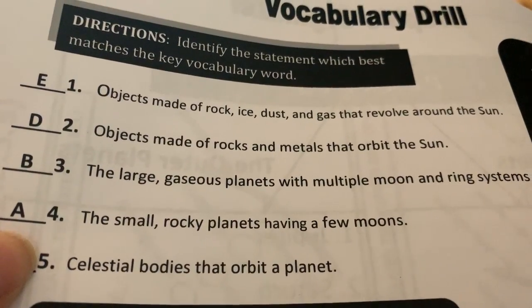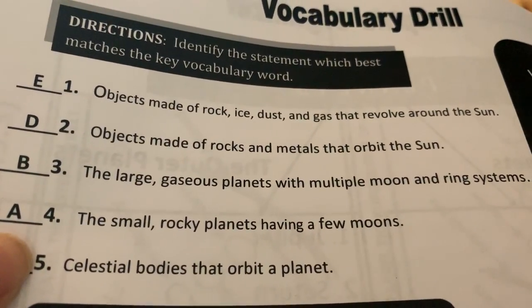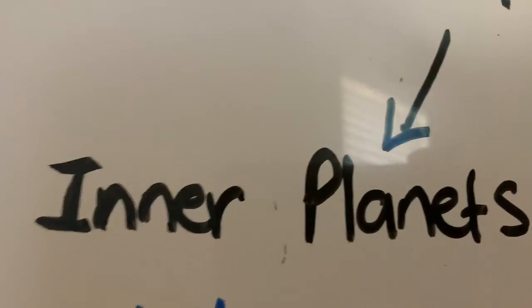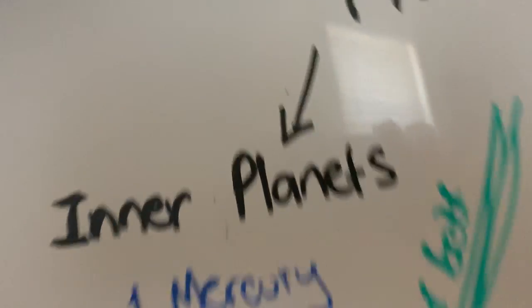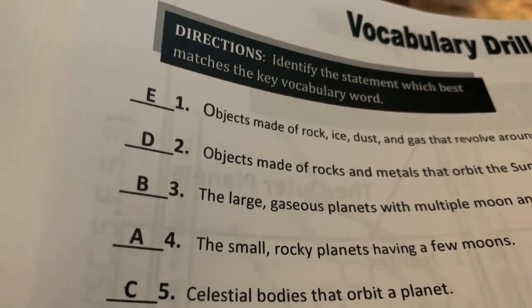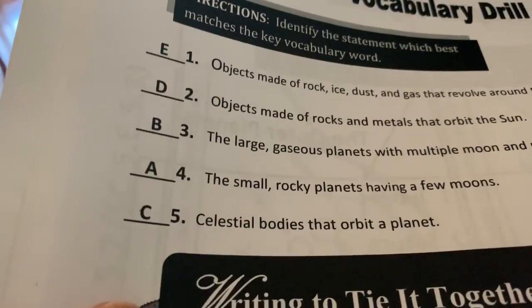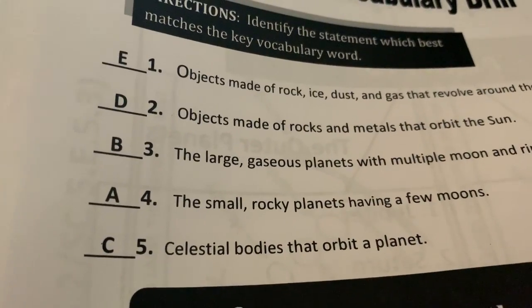Number 4, the small rocky planets having few moons, and that would be inner planets. And the other one is celestial bodies that orbit a planet, and those are called natural satellites.